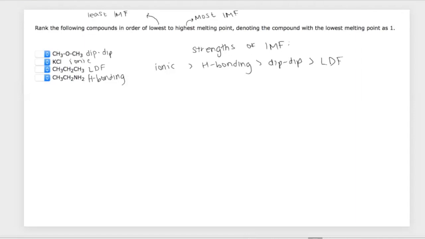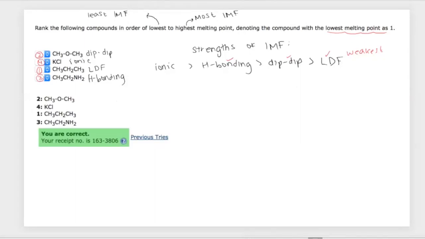We want to start with the lowest melting point as 1, and therefore CH3CH2CH3 should be our number 1. Next we have CH3OCH3. Next we have CH3CH2NH2, and lastly KCl. So this is the ranking we were able to come up with just by determining what the primary intermolecular force was in each of these compounds.